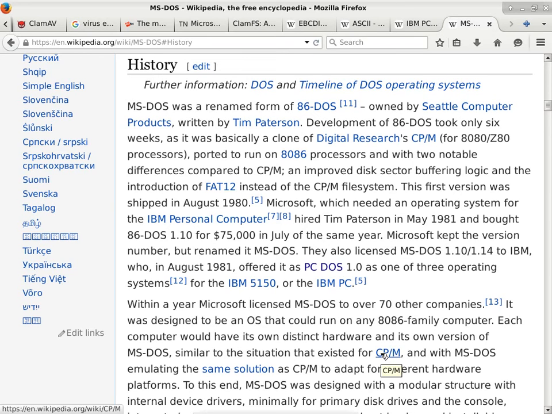So they went to the guy who wrote CP/M, because CP/M was the original microcomputer operating system, not counting Apple II, Commodore and other systems. They went to him with probably a suitcase filled with cash, knocked on the door and said, can we talk to the guy who wrote CP/M?